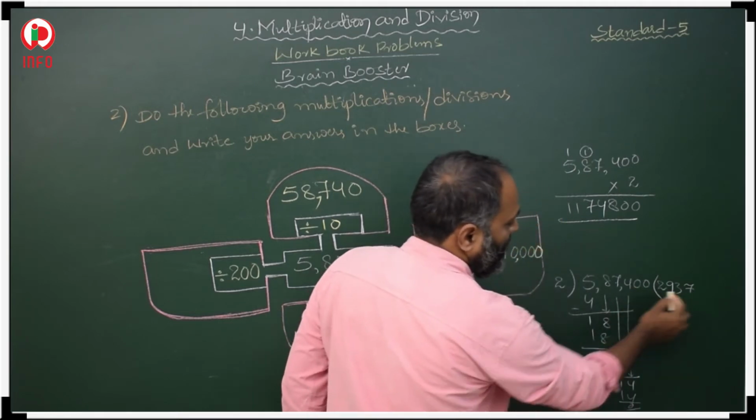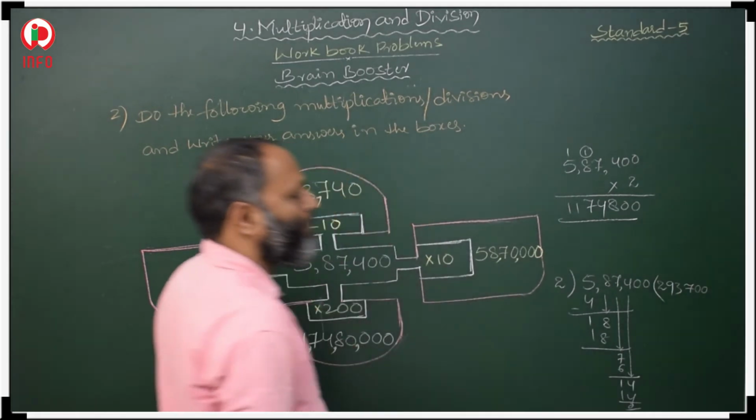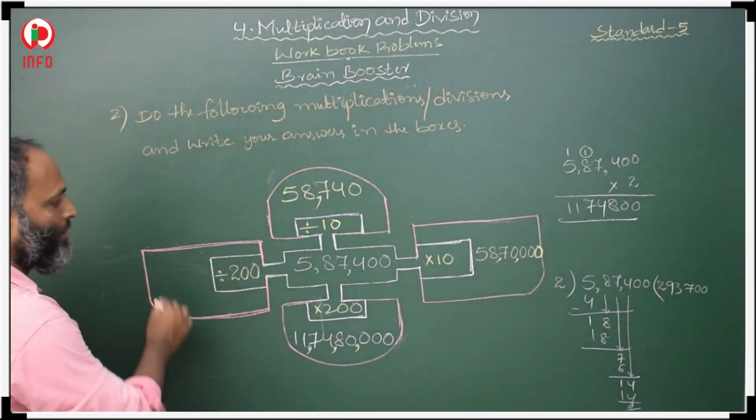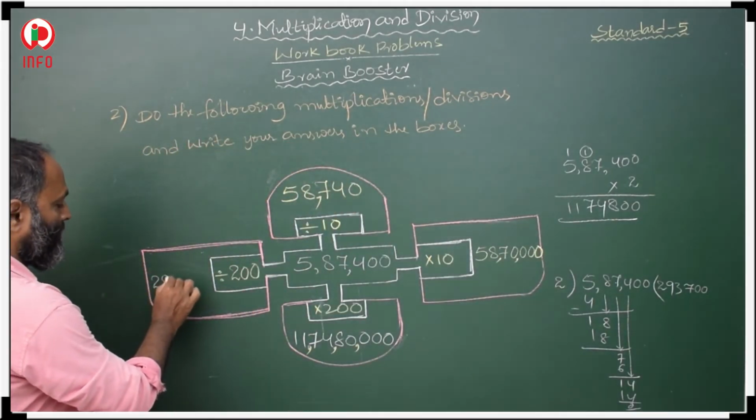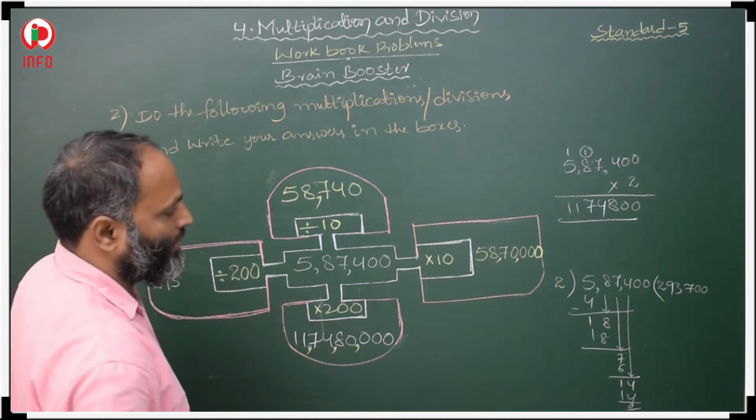How many zeros are left? The 2 zeros we have to keep there. What is our answer? 2937.